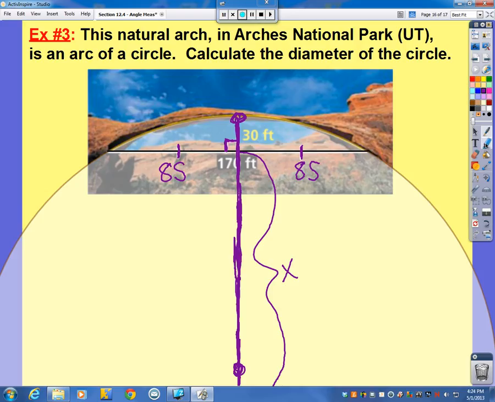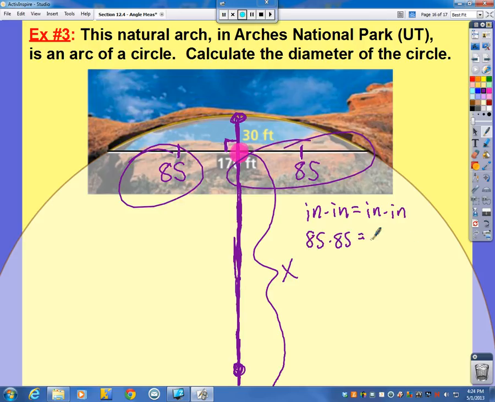And now if you notice here, we've got an inside problem. These two chords are really crossing on the inside. So inside times inside equals inside times inside. I'm going to take the 85 and 85 from here and here. And then the other inside times inside will be my 30 times the rest of the diameter, x.